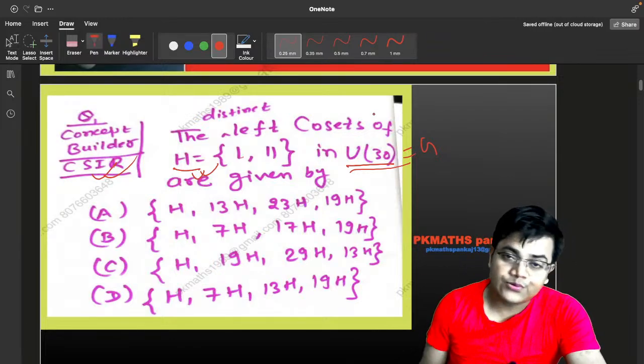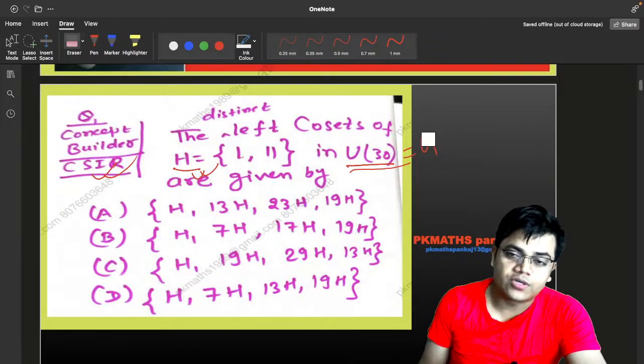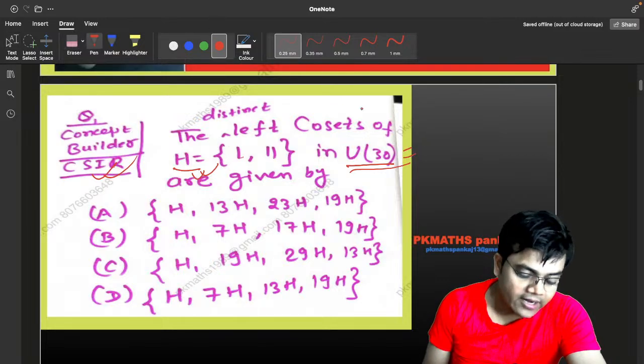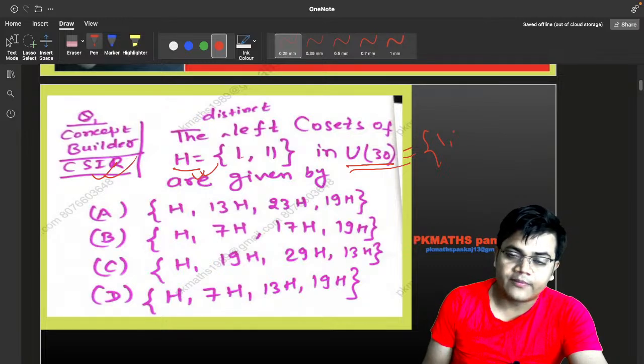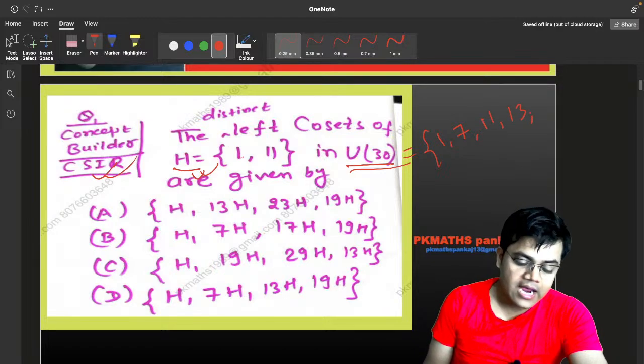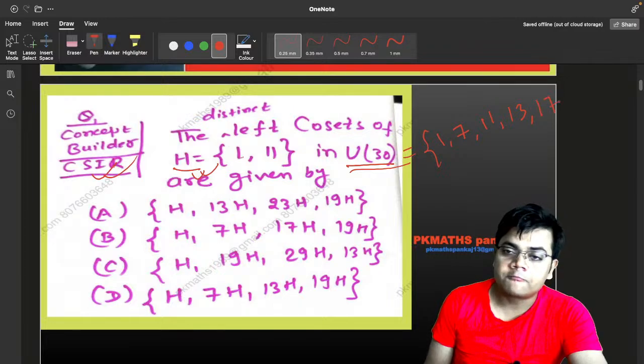And what is this U30? We have already discussed this group Un. So we will write the elements which are less than 30 but co-prime with 30. So you will not hesitate to write the elements of U30 as 1, 7, 11, 13, 17, 19, 23 and 29.